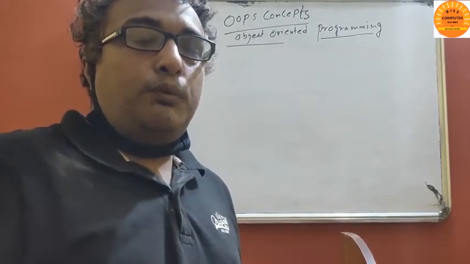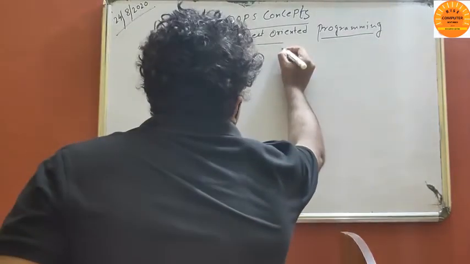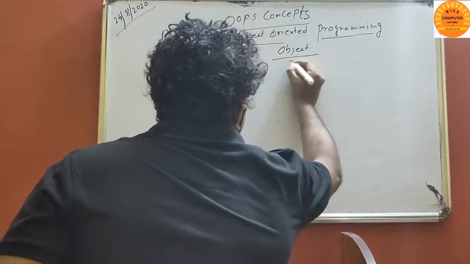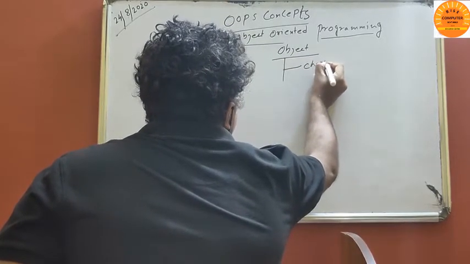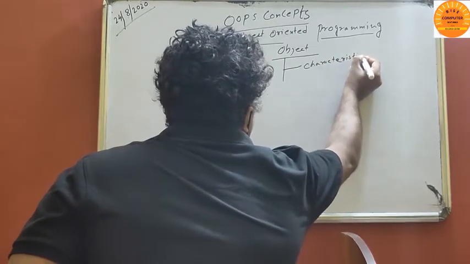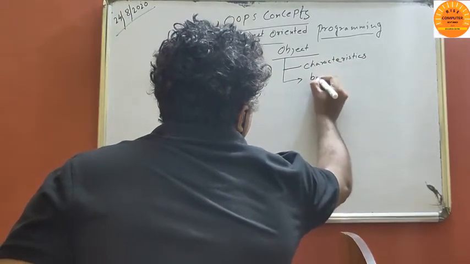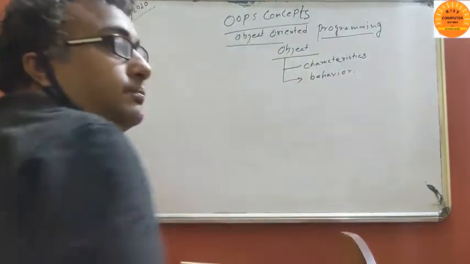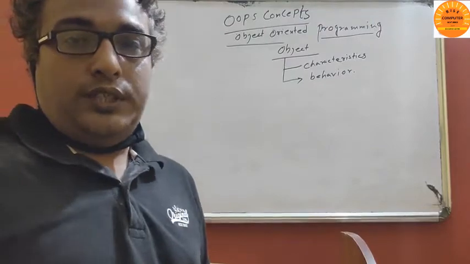That means a particular object has two things: one is characteristics, and number two is behavior. All those things we will discuss in detail in future.